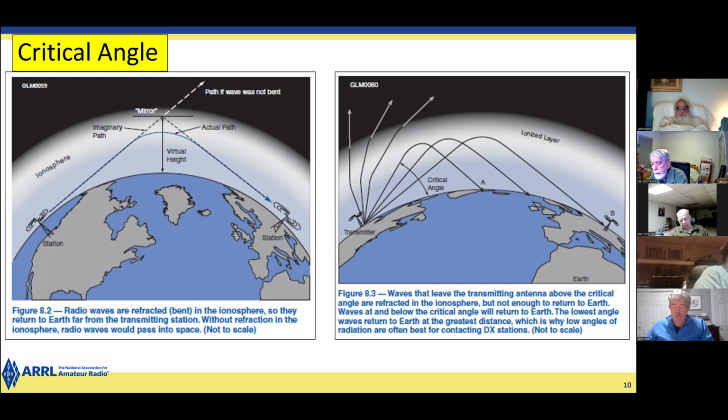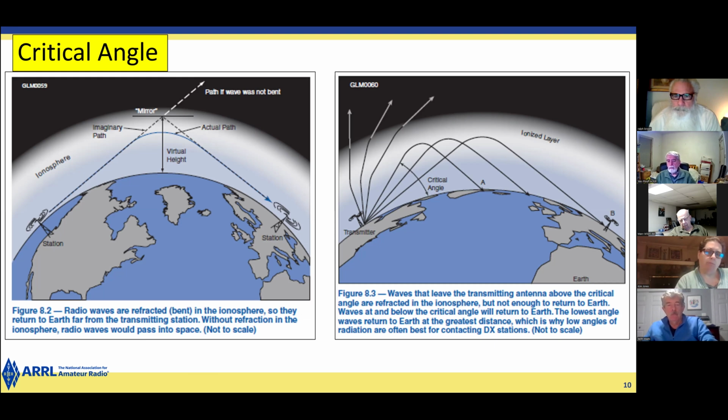If you look at the right-hand picture here, if you trace out these lines, you can see that the lower the takeoff angle, the farther the path. If you look at the lowest line coming from the transmitter, you'll see that it travels through the ionosphere at the farthest distance and comes down the farthest distance away.